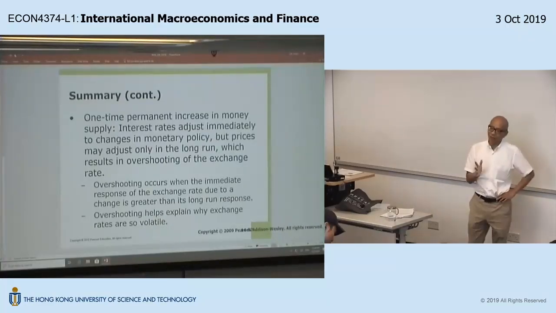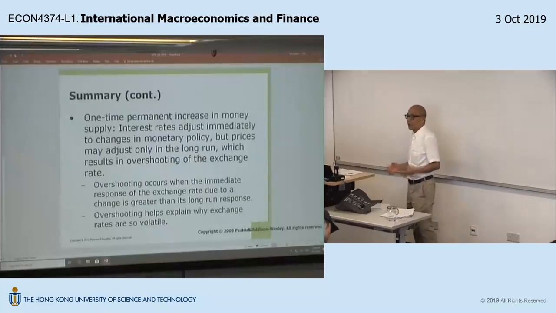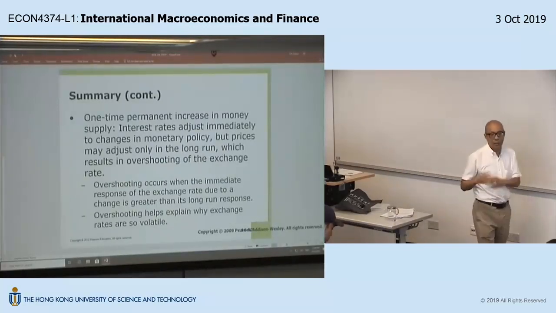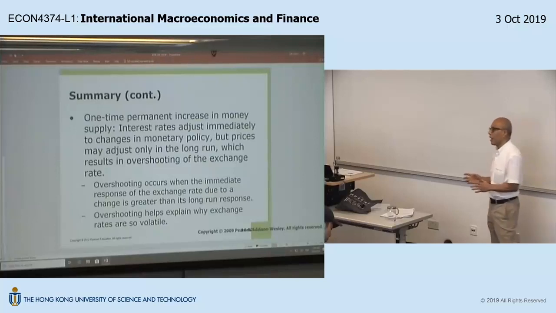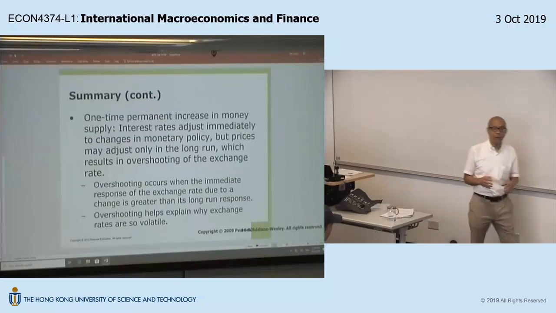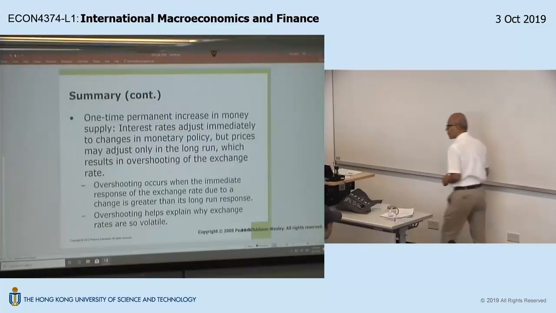If price were not sticky, there would not be overshooting, because price would immediately adjust. If price immediately adjusts, then the interest rate would not be affected either, and you would not have the overshooting.